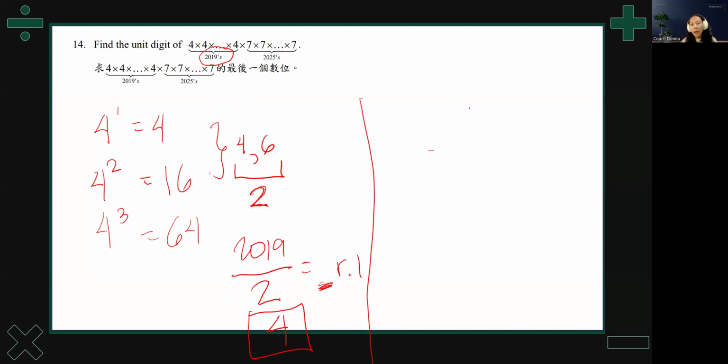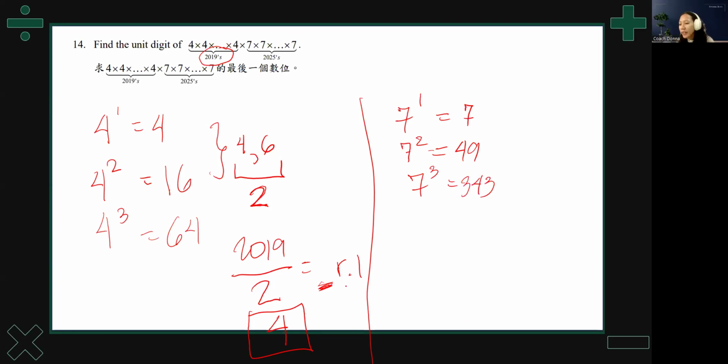We still need to multiply it by 7. So let's get the pattern for 7. 7 raised to 1 is 7. 7 raised to 2 is 49. 7 raised to 3 is 343.